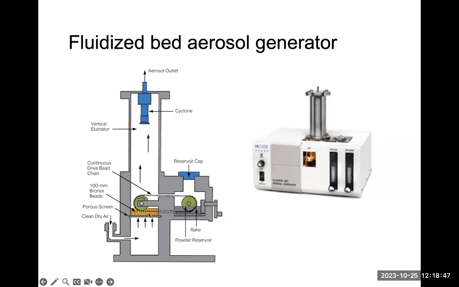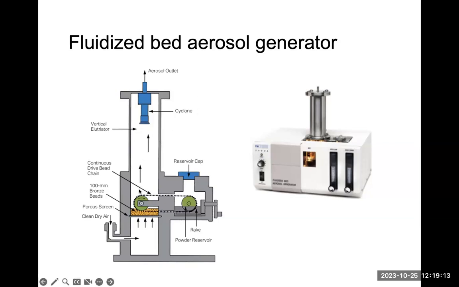At the same time, there's a rake that keeps going. It uses the tiny spacing between these tiny rods or tiny spheres here to bring the materials into the other chamber, the fluidized bed. Since these beads are always moving, although chaotically, it's a relatively uniform movement.